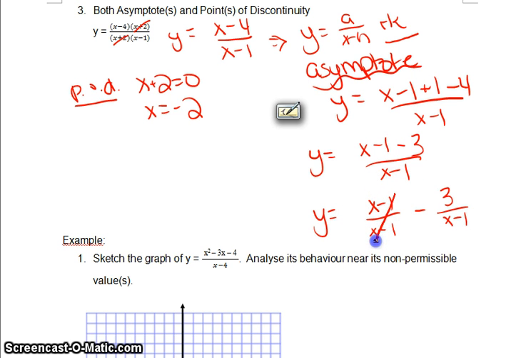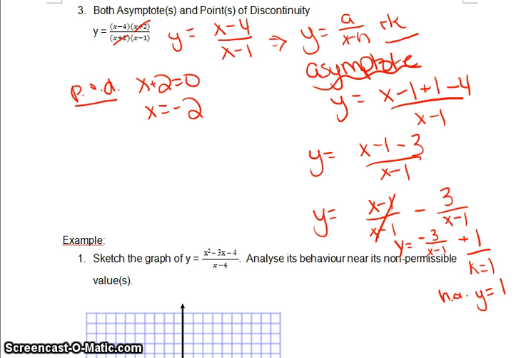Canceling these two terms out and then rearranging, we have y is equal to negative 3 over x minus 1 plus 1. And once again here, k is equal to 1, so that means our horizontal asymptote will be at y is equal to 1.